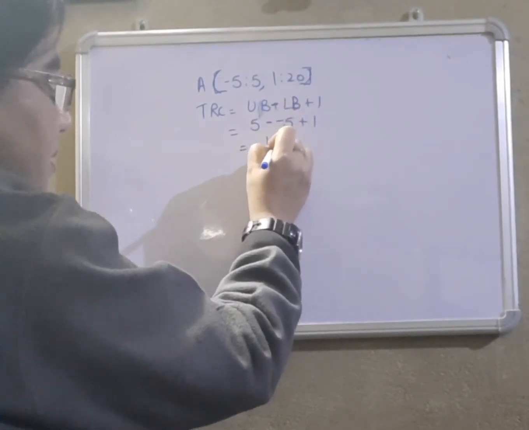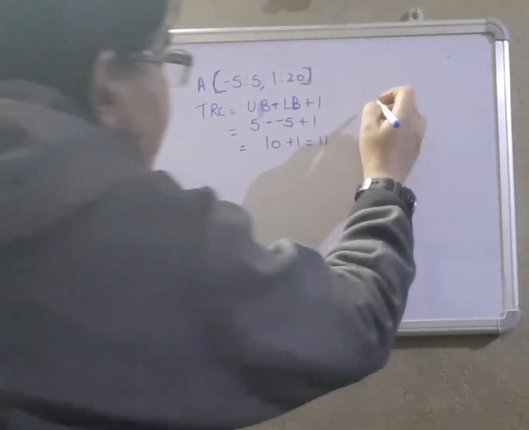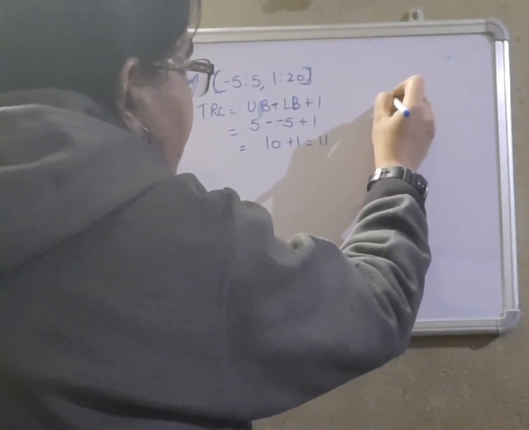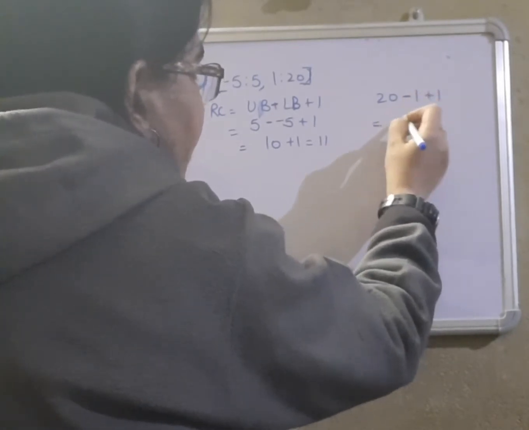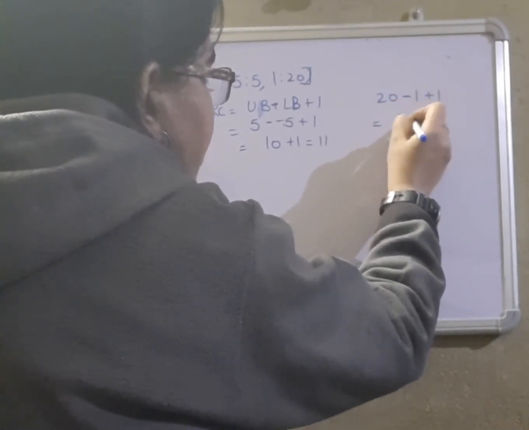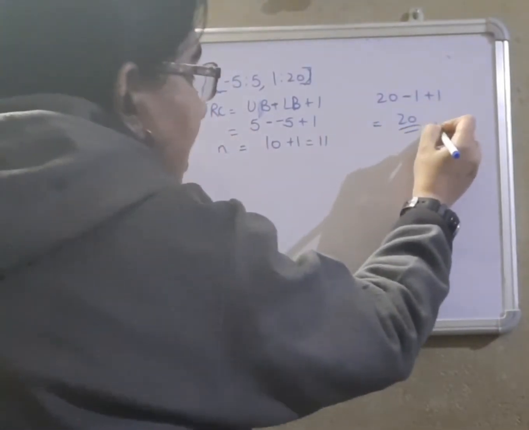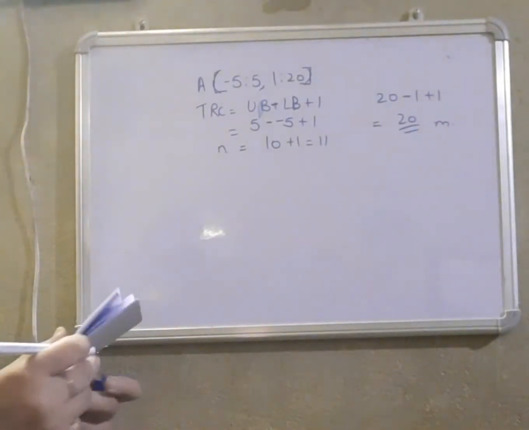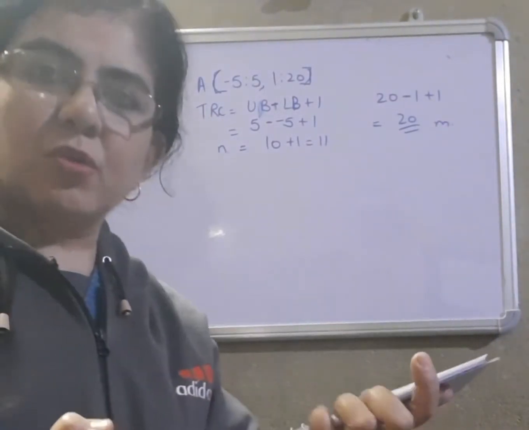Plus 10 plus 1 is 11. For columns, 20 is the upper bound, lower bound is 1, plus 1. So 19 plus 1 again becomes 20. So this is N and this is M. We look at the question, what is required? M is required or N is required, whether it is row major or column major.